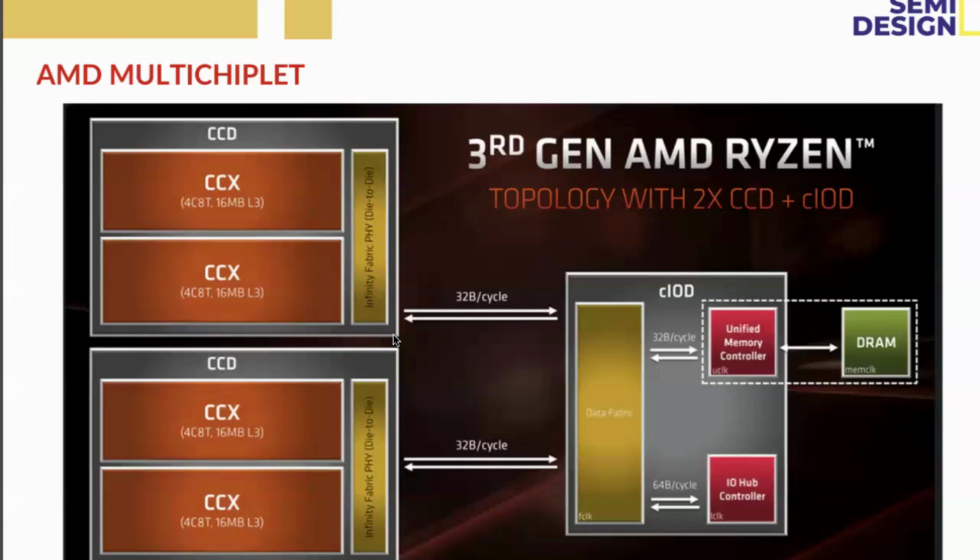Okay, next, what is the difference between CCD and IOD? CCD is the core complex die. IOD is the input output die. So what is the difference? You can observe here clearly. These are among the most asked interview questions in SOC verification.